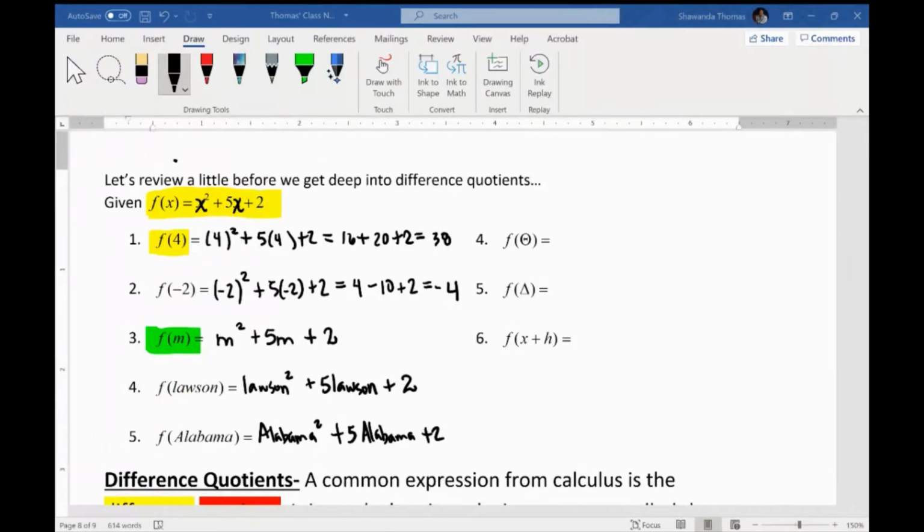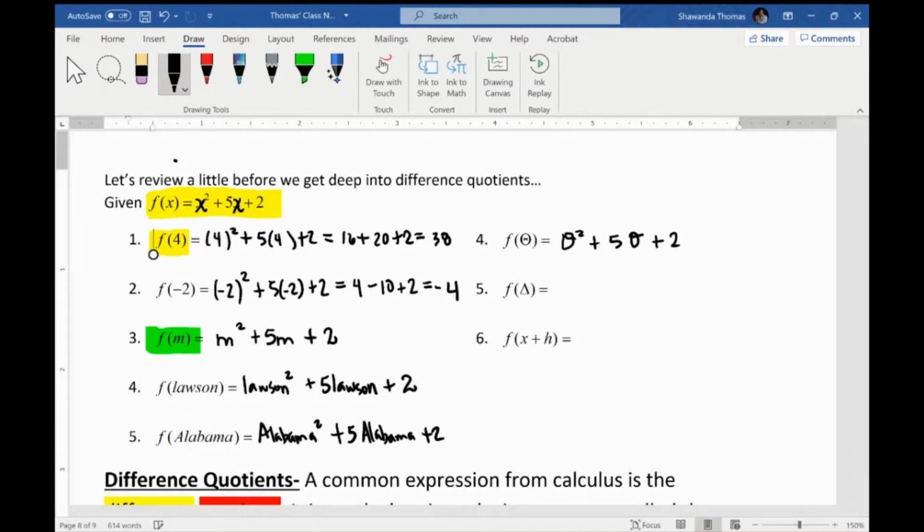What would it be? That's a Greek letter. Theta squared plus 5 times theta plus 2. Yep.